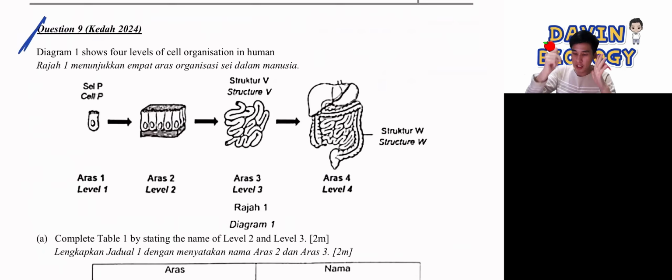Next. Now, this is the cell organization, tissue organization question, which you all remember, right? The cell forms tissue, tissue forms organ, then forms system, then finally forms an organism.